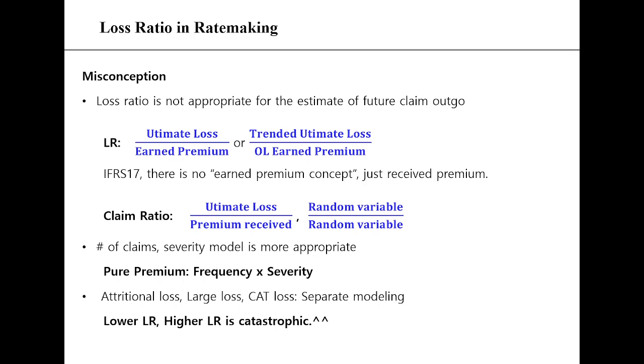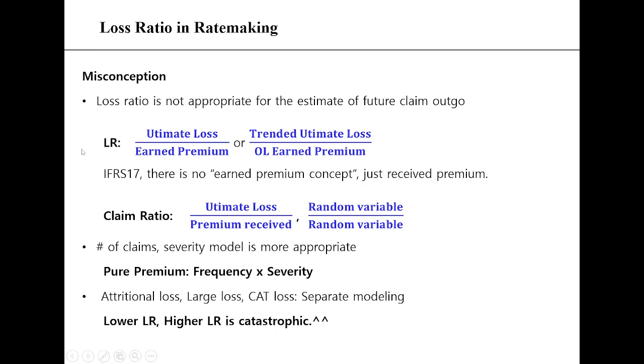So I would say instead of the loss ratio that we have previously used, maybe just call it a claim ratio. And the denominator is not earned premium or something, just premium received. It always looks at the future.